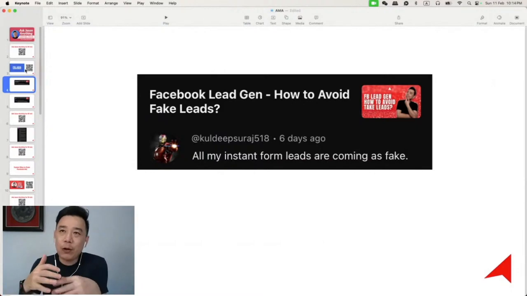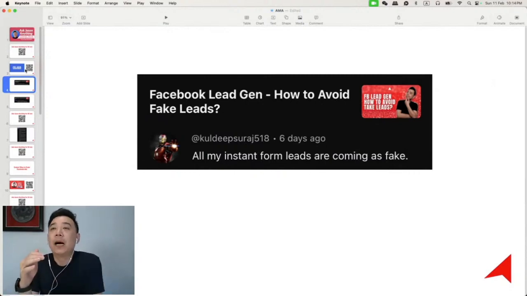Now, the second thing we always need to bear in mind when we are running lead gen ads on Facebook, especially if you're using the lead form, is that these people require quite an instant reply from you. So the next thing we always recommend our clients to do is set up simple automation.